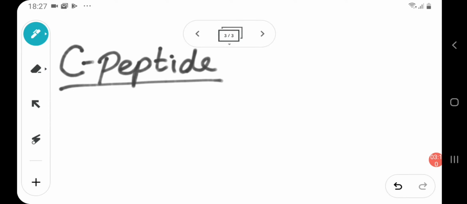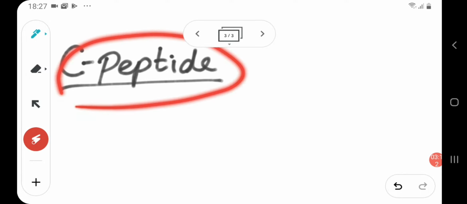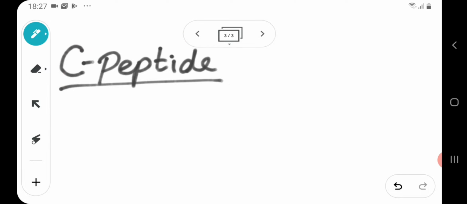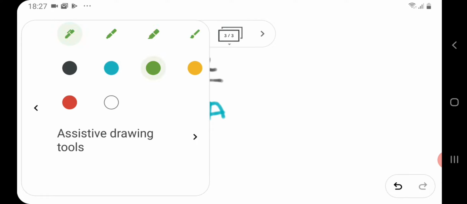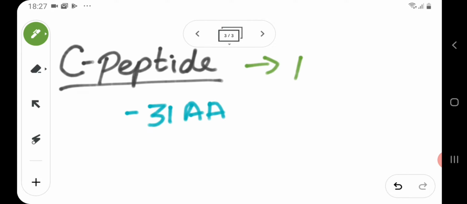So now we will see about C-peptide. It constitutes 31 amino acids and it is secreted along with insulin in equimolar amounts.